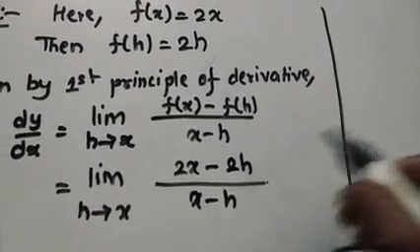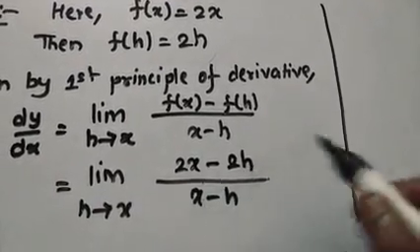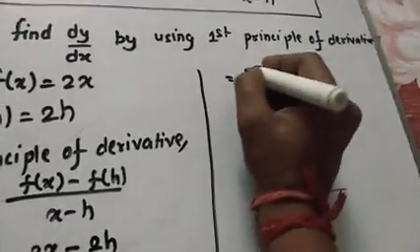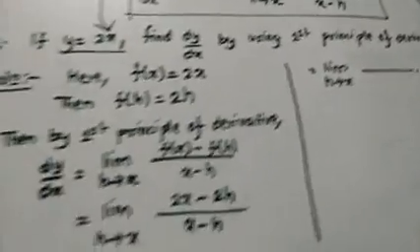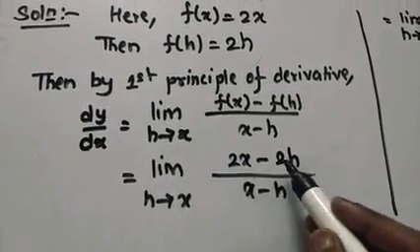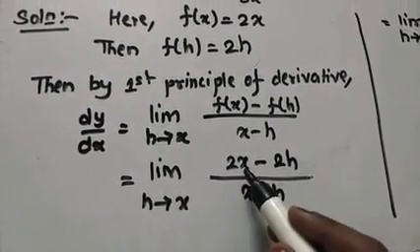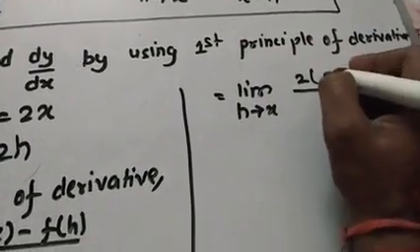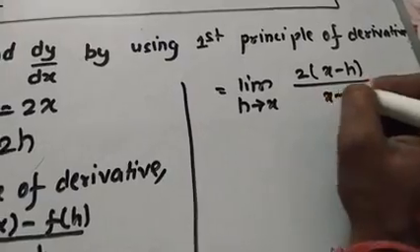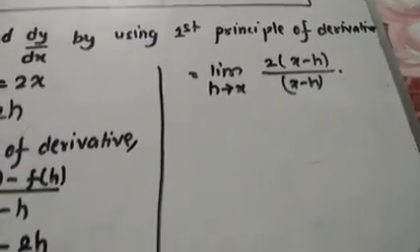Now in the numerator part, what is the common factor here? You can see that 2 is the common factor between these two terms, so we will take that 2 as common.